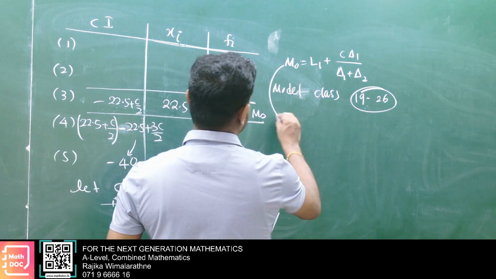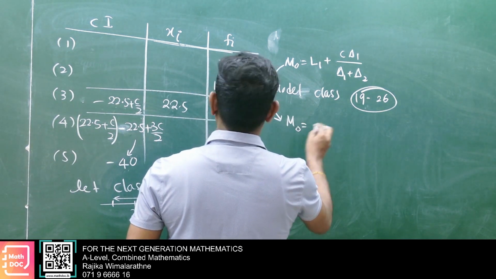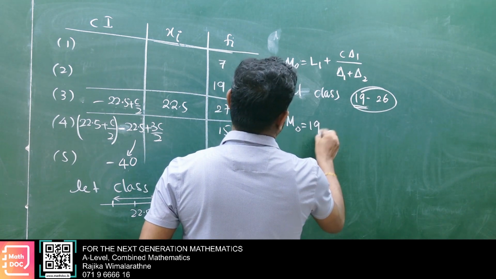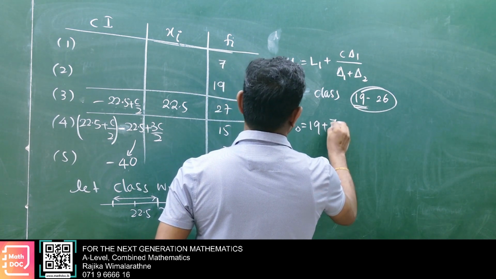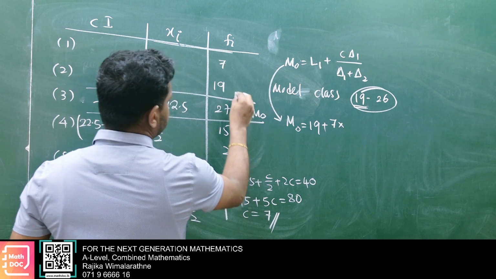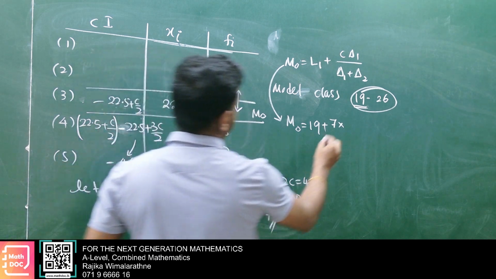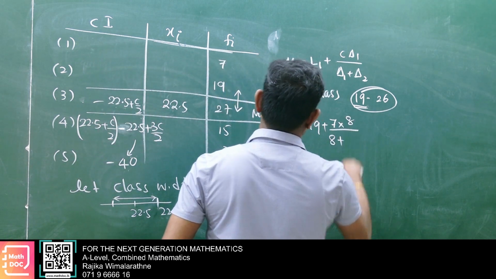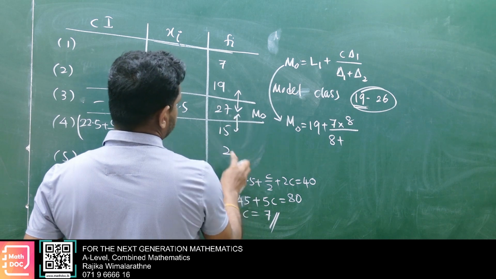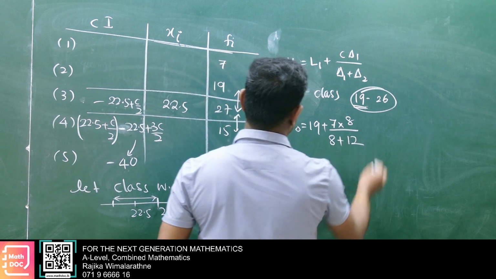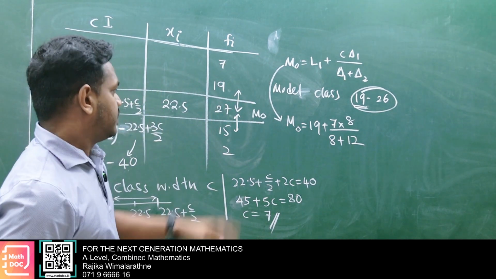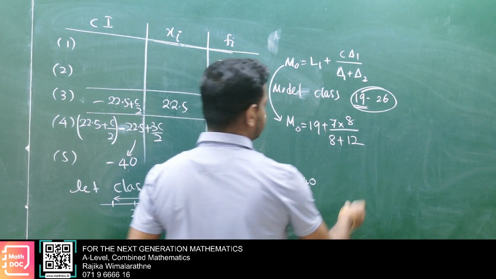Then mode equals L1, 19, plus C, class width 7, times delta 1. Here the frequency gap is 8. Here the frequency gap is 12. Now simplify, it is divisible by 4.